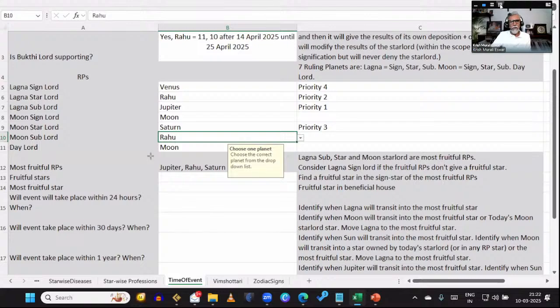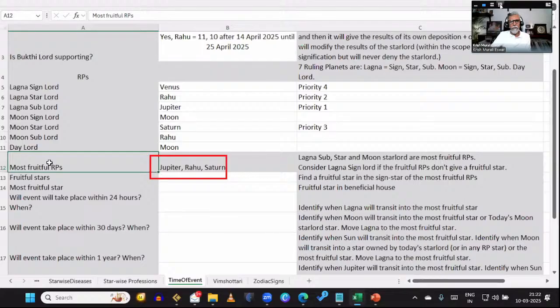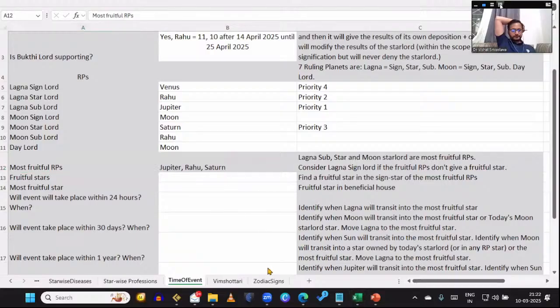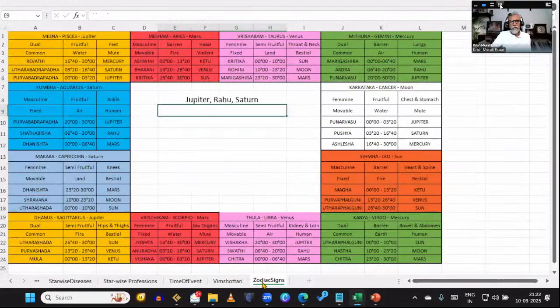My software will also automatically show you the three fruitful RPs: Jupiter, Rahu, and Saturn. Add it there.